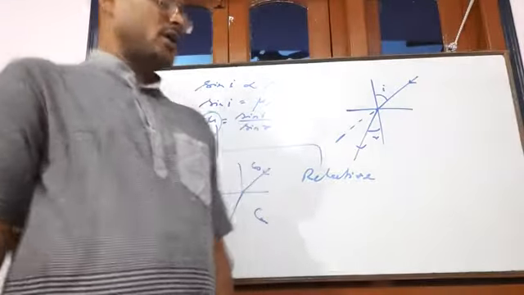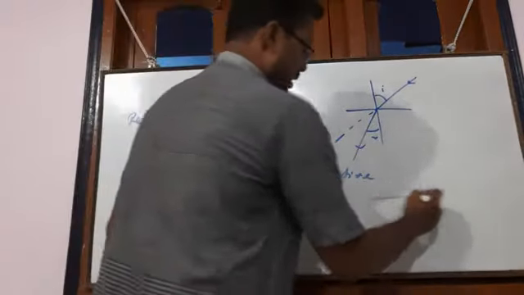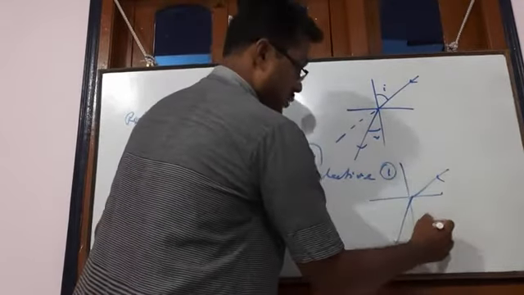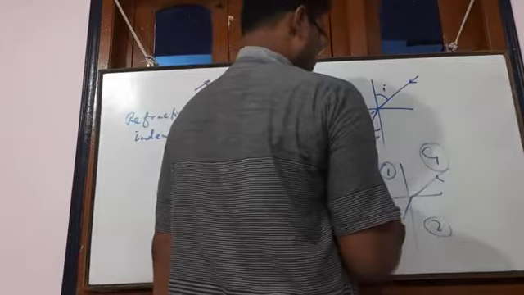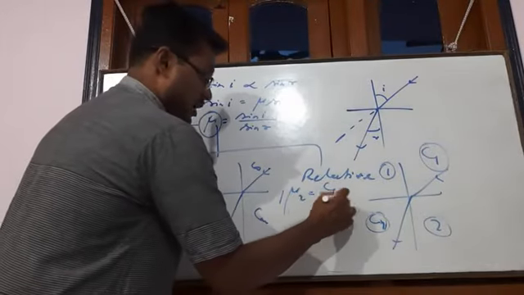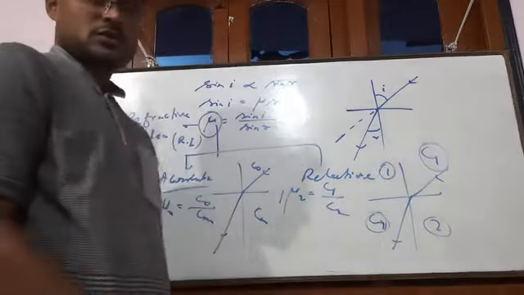And in the case of relative RI, light ray travels from one optical medium to another optical medium. This is medium one, this is medium two. Here speed is C1, here speed is C2. So we can write 1mu2 equals speed in 1 by speed in 2.